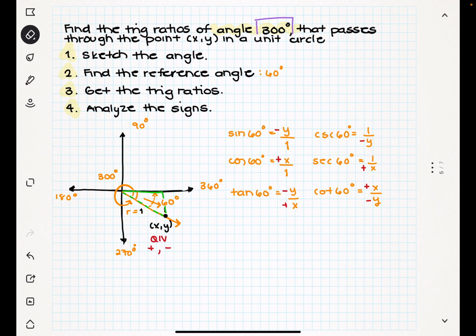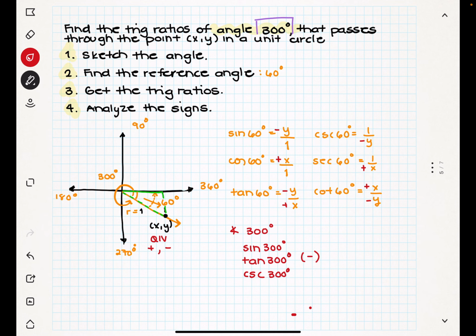So for my angle 300 degrees, using my reference angles, my functions sine of 300, tangent of 300, and cosecant of 300 are all going to be negative values.